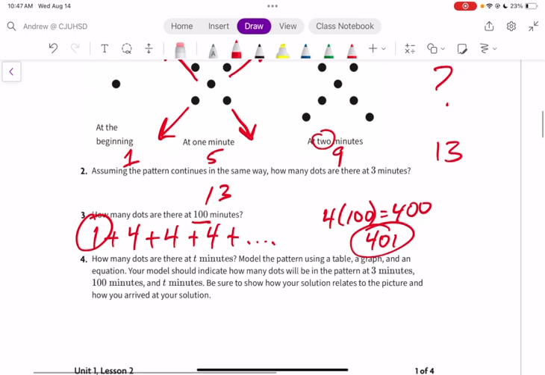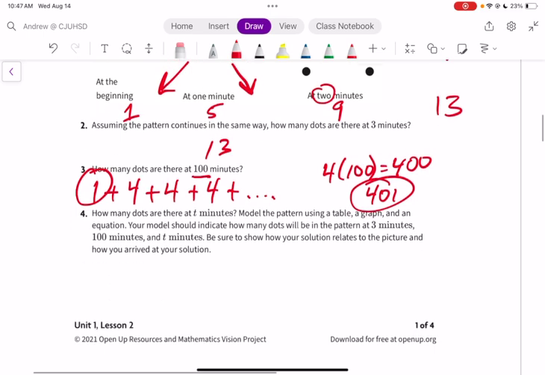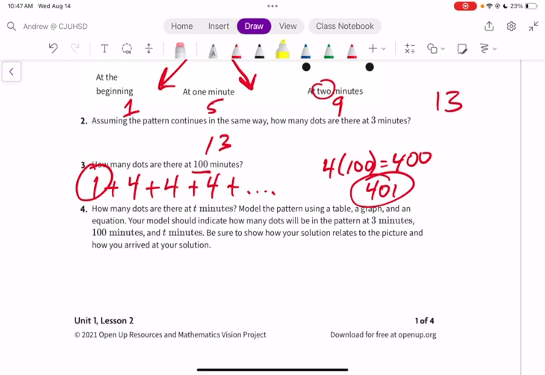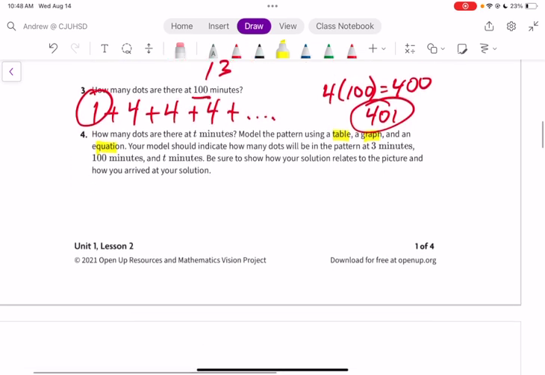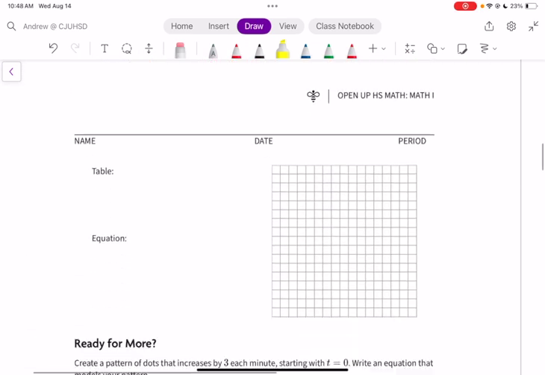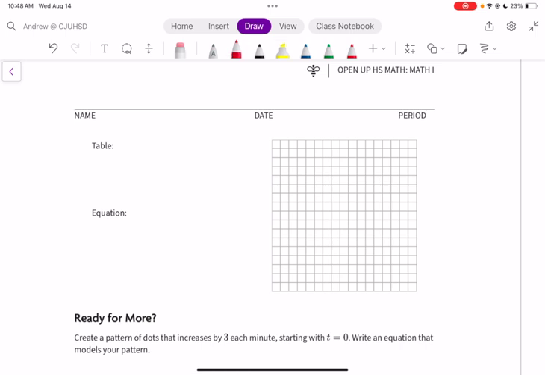So what about t minutes? Well, we're asked to analyze this in 3 ways, with a table, a graph, and an equation. Now, the table could be something like this. You could put time in one column and dots in the other column.